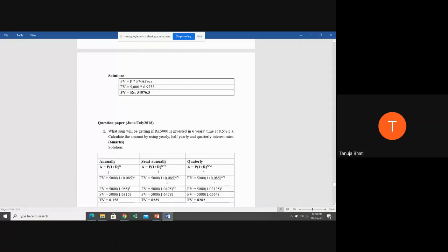Now your P is the amount that you're investing, R is 8.5%, which is nothing but 0.085, raised to N, because N is 6 years. Can you all tell me, students, to find out the value of 1.085 raised to 6, can I use the tables, or which table number am I supposed to check?